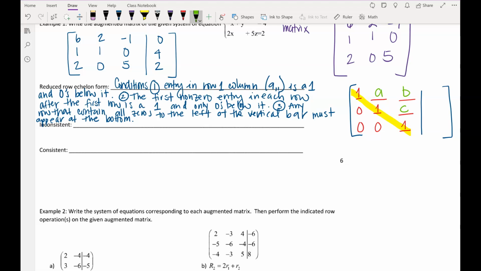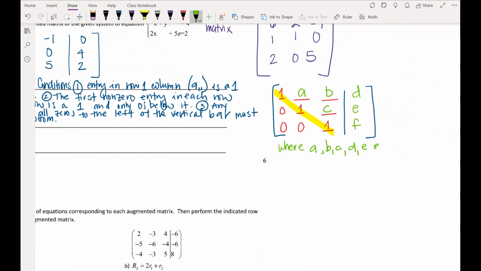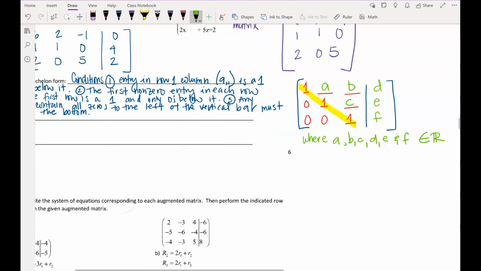Now we have the constants on the right side. They can be anything they want to be, so let's just use the variables C, D, E, and F, where A, B, C, D, E, and F are all in the set of real numbers. I mean, they can be anything they want to be, okay?